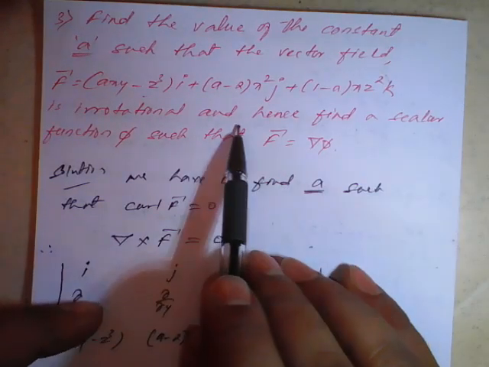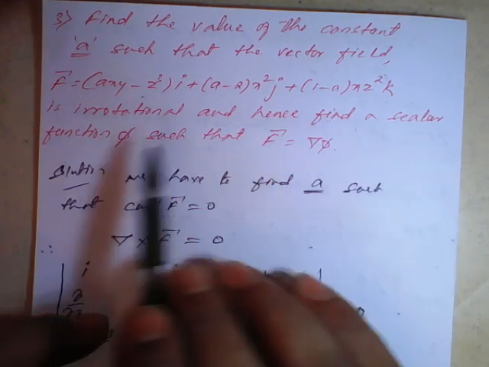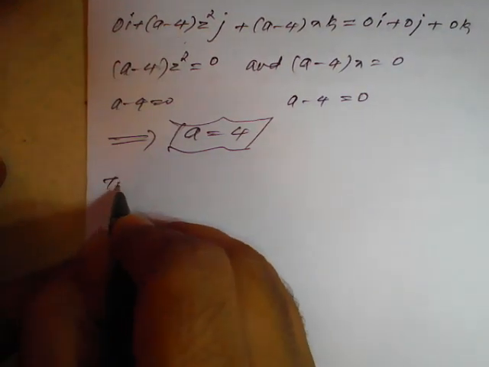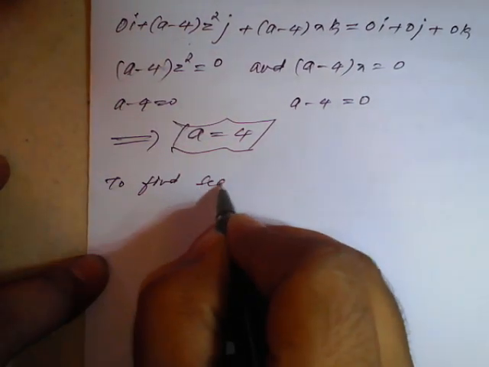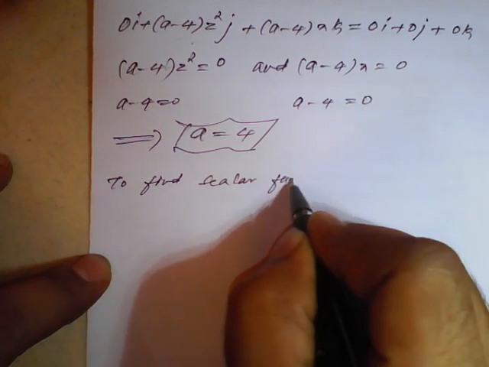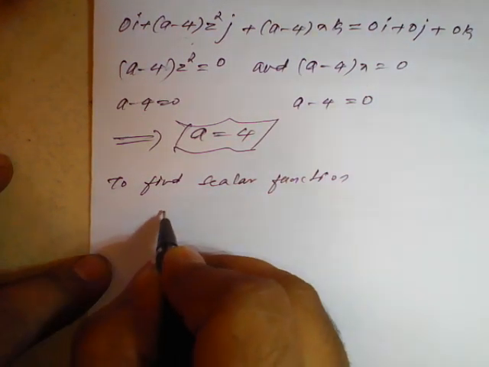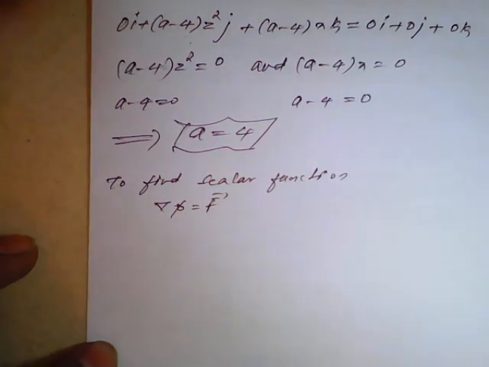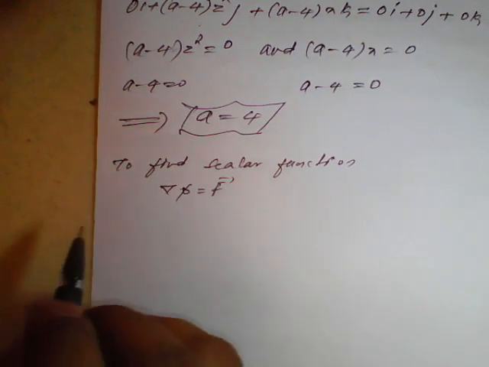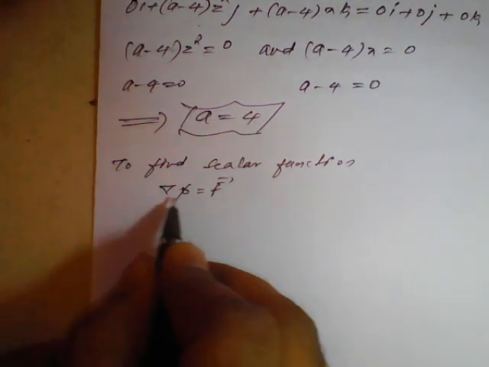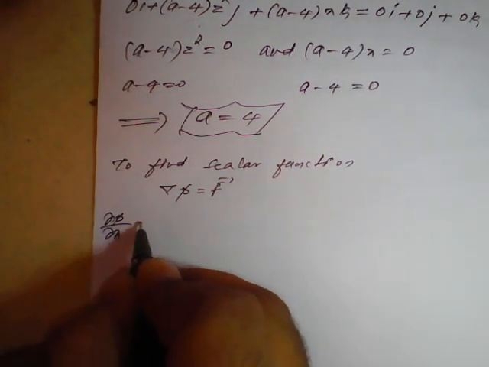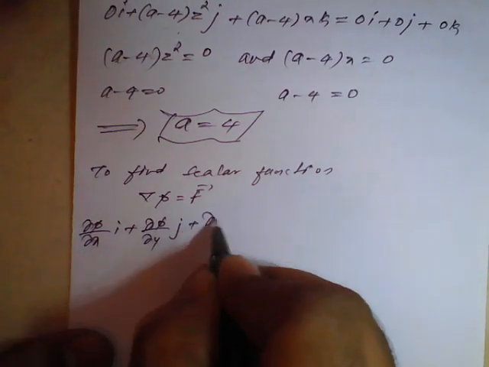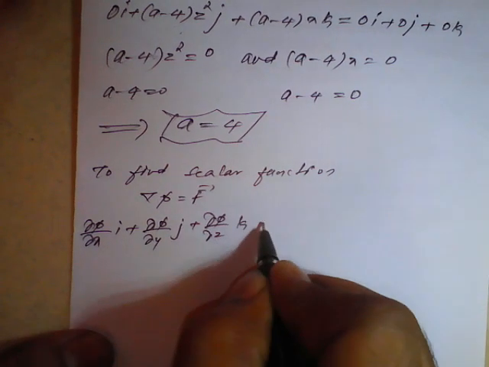Now also they have said to find the scalar function phi. So we need to work out del phi is equal to vector f, same as we have taken. So del phi is nothing but dou phi by dou x of i plus dou phi by dou y of j plus dou phi by dou z of k is equal to vector f.